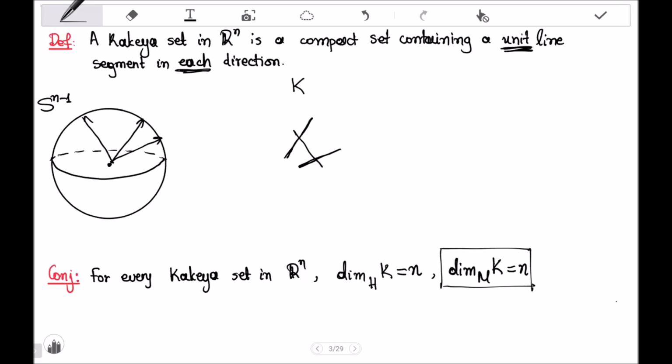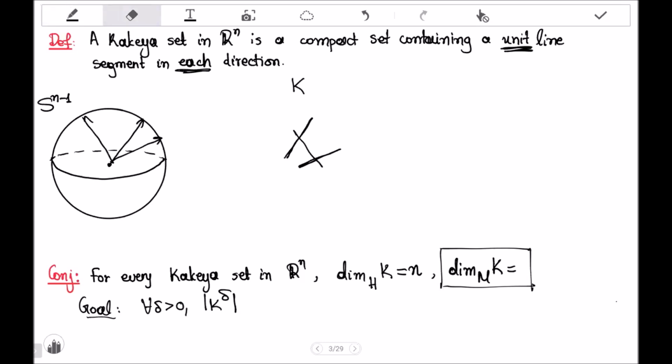So let's discuss it a bit more. Let's say that we want to show it. So what is the goal? We want to take any delta neighborhood of a Kakeya set. We denote it by K delta. So that's every delta thickening of the set. And we want to show that this is big in Lebesgue measure. It has big volume.